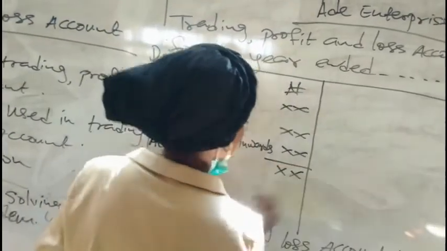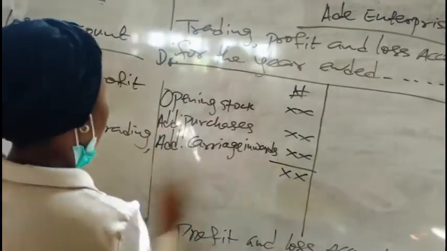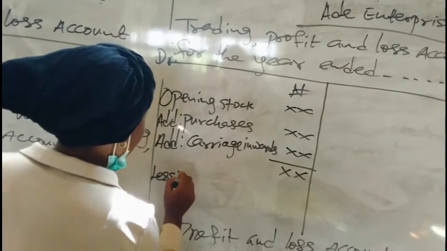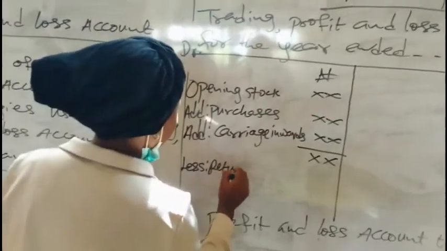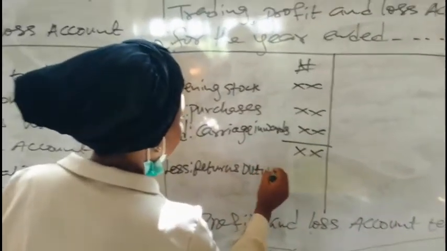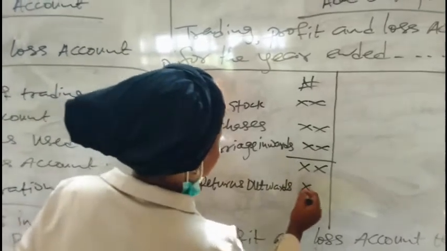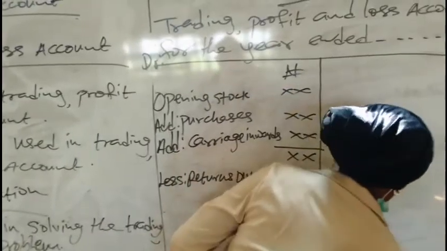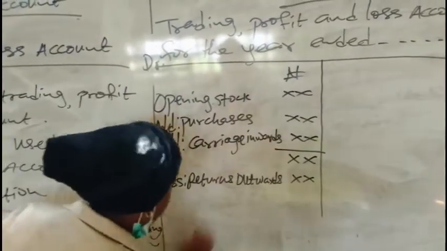You have your total here. Then less return outwards, that is, if the return outward is given in your question. Here we have our return outward figure. Now the next step is to balance and arrive at your cost of goods available for sale.